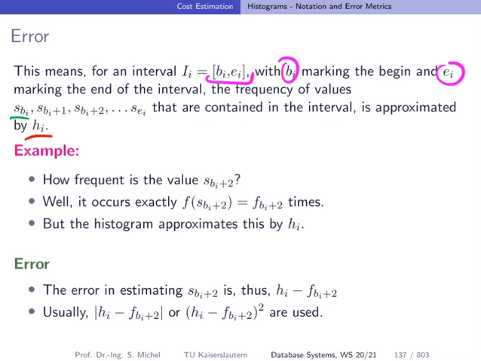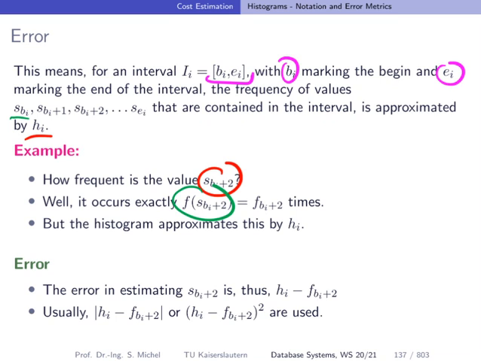So now how frequent is the value SBI plus 2? In principle, the true occurrence is denoted by f of SBI plus 2, the frequency of SBI plus 2. Of course, once we have done the histogram creation, we don't store these individual exact frequencies, but we approximate the frequency by the height of the histogram bucket, this average value.